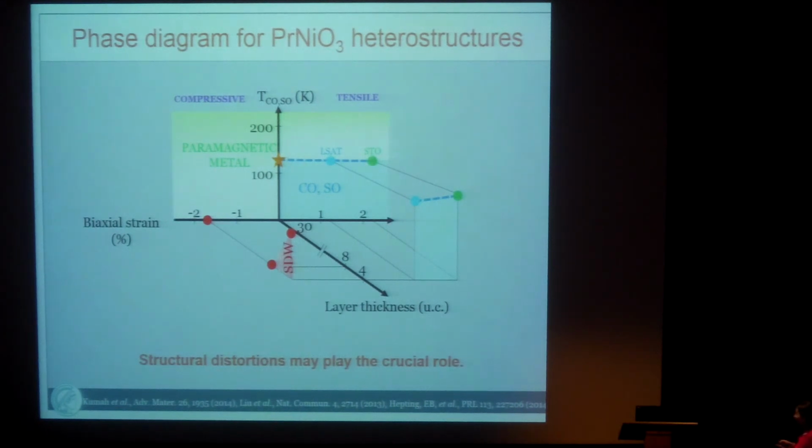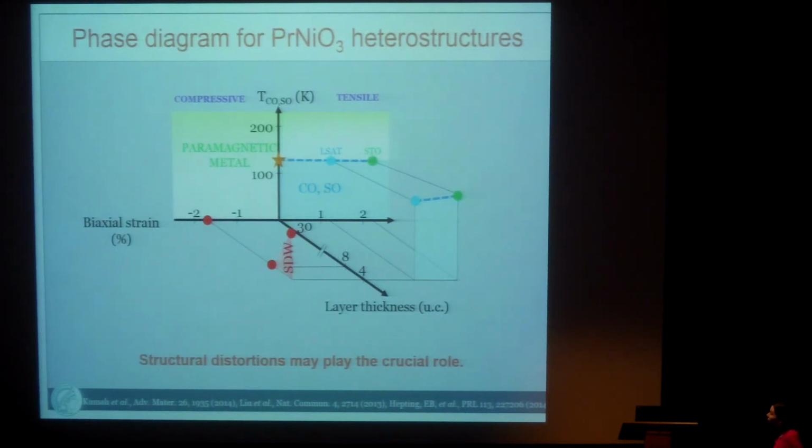From these results, I may have to say that we also did Raman studies on this, and we clearly see a structural change for samples grown under tensile strain. So we observe more phonon modes in this area of the phase diagram compared to the one under compressive strain, which then also changes as a function of temperature for the tensile strain and shows effectively no temperature dependence for the compressively strained praseodymium nickelate heterostructures.